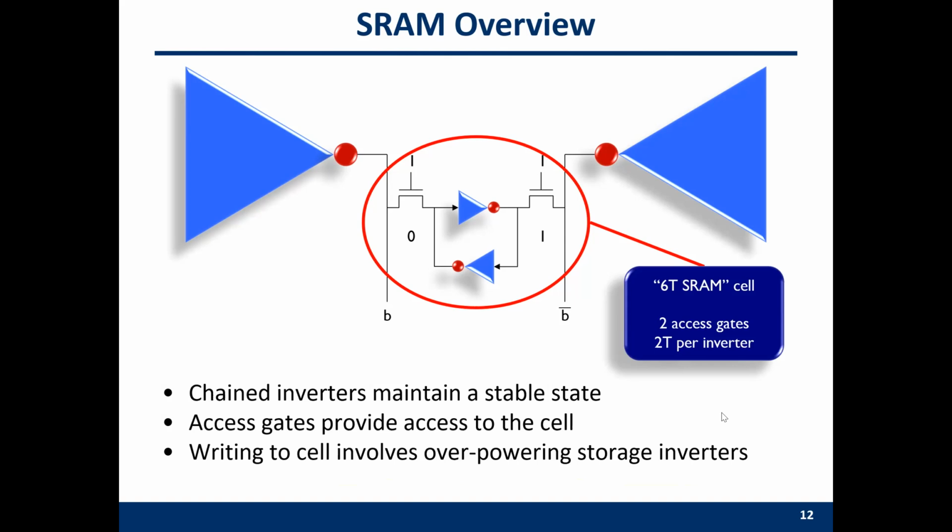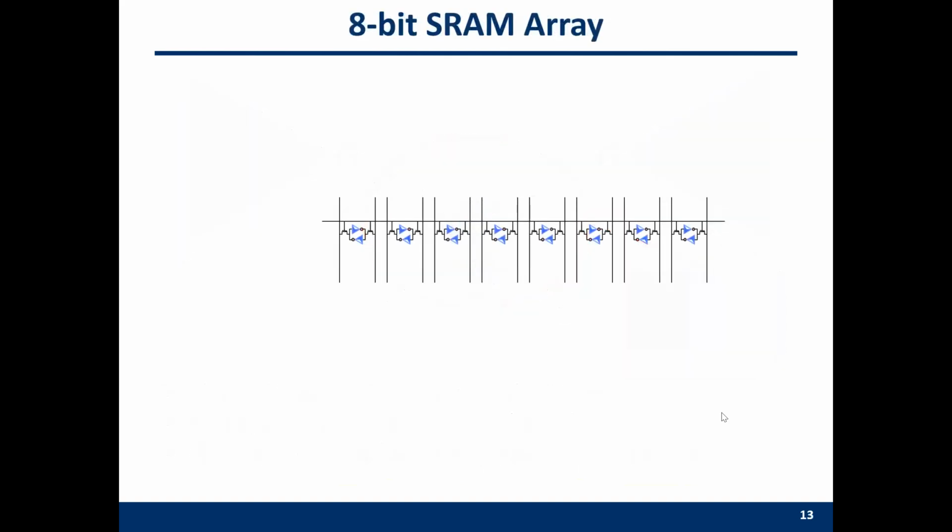So when you try to write, you also inject the current through the sense amplifier to change the state of the cell. And of course, we have multiple cells here.